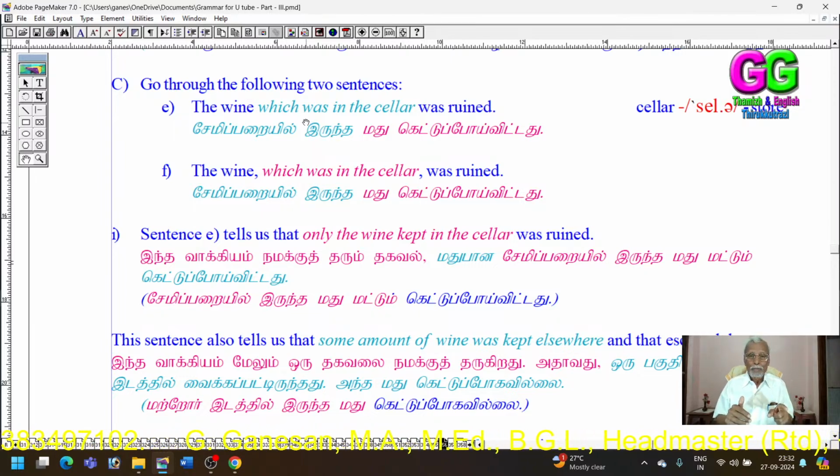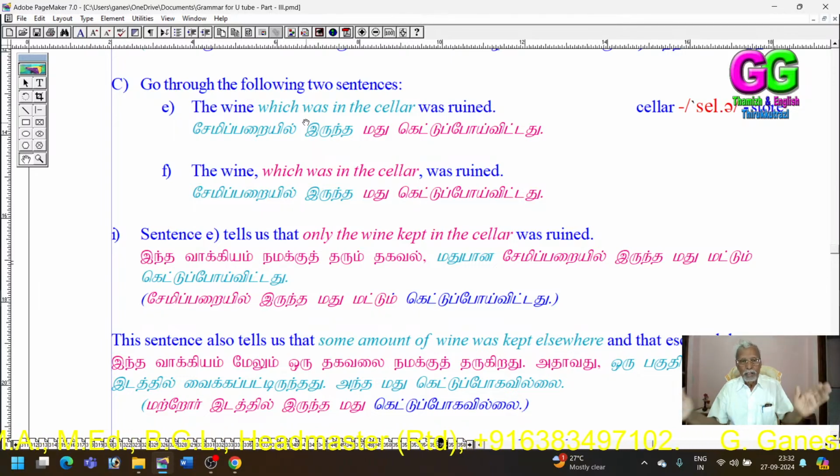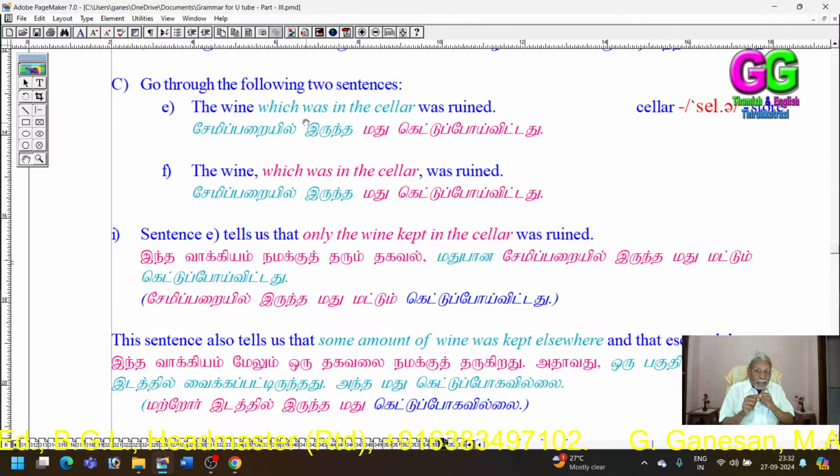That wine did not get ruined, did not spoil. Only the wine that was in the cellar got ruined; some other wine that was kept elsewhere did not get ruined.